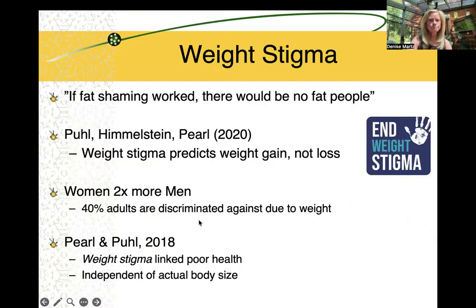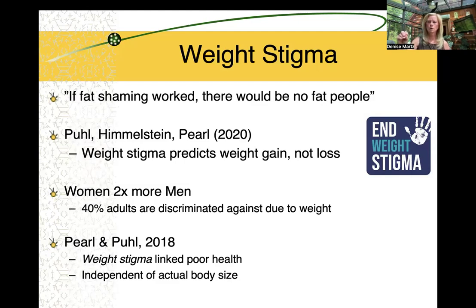Okay. So let's talk a little bit more about weight stigma. There is all kinds of really interesting science on this. One of the articles that I really liked is the idea, if fat shaming worked. So we tease somebody or we shame them, which is, again, very common, more common targeting females.